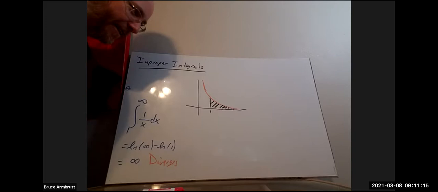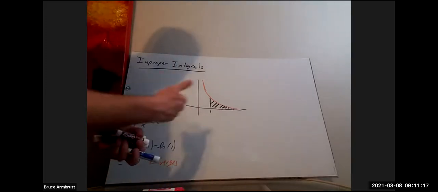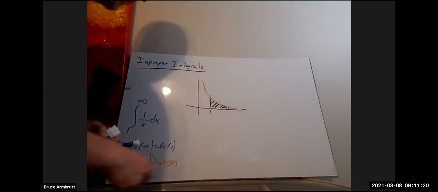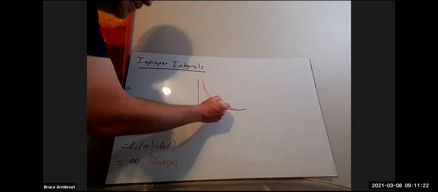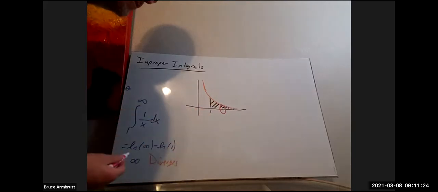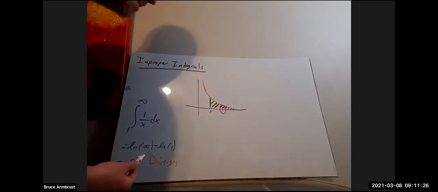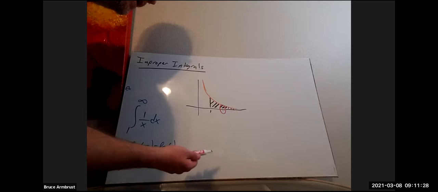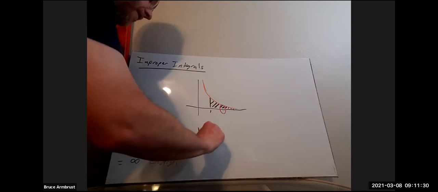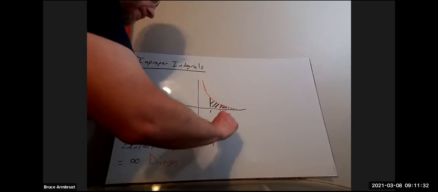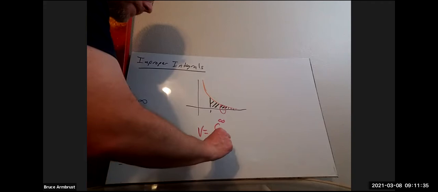Well, check this out. If we spin that around, we're going to get cross sections that are circles, right? So we're going to use the disk method here. So we need to have pi r squared. So the volume is going to be an integral from 1 to infinity of pi times the radius squared.